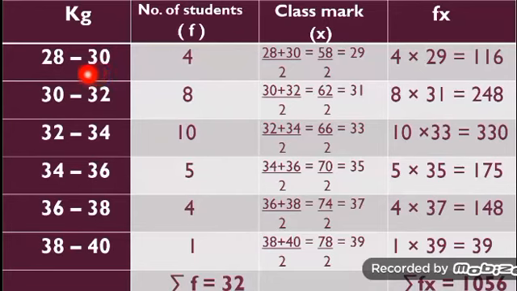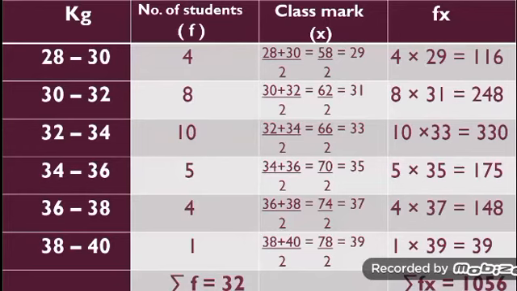To find out the class mark, we will find out their mean. We will add up these two values and then we will divide the sum by 2. 28 plus 30 divided by 2 is equal to 58 divided by 2, and 58 divided by 2 is equal to 29. So 29 is the class mark of this class interval.